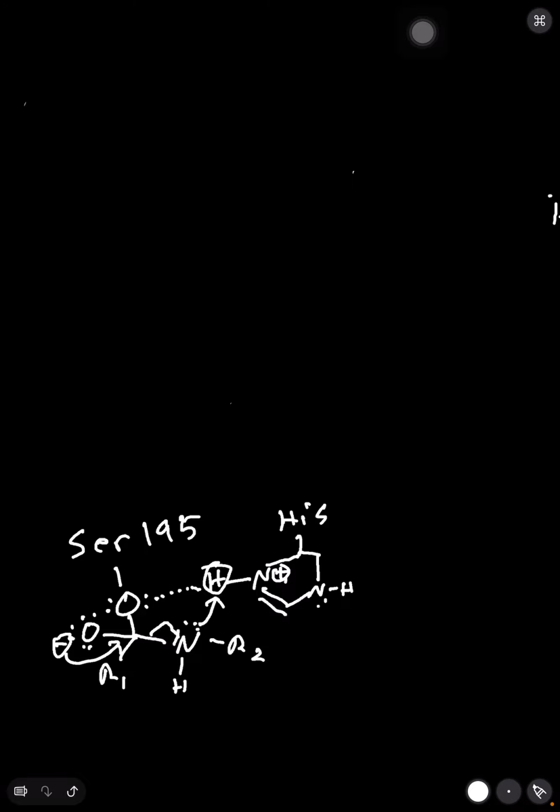All right, so what does that leave you? You have the serine residue, still got that oxygen attached, and that oxygen is still attached to your carbonyl carbon. That carbonyl carbon has a double bond, and it's still got that R1 group, right?